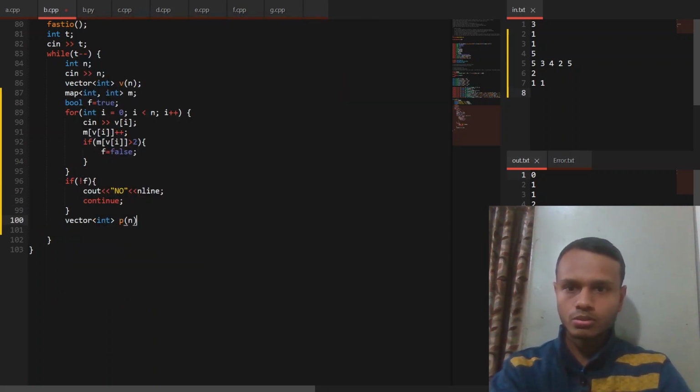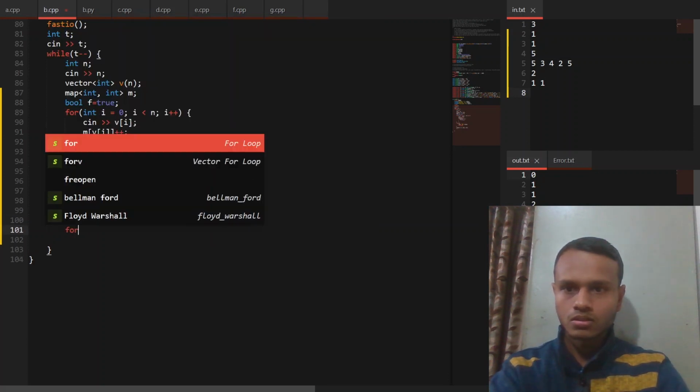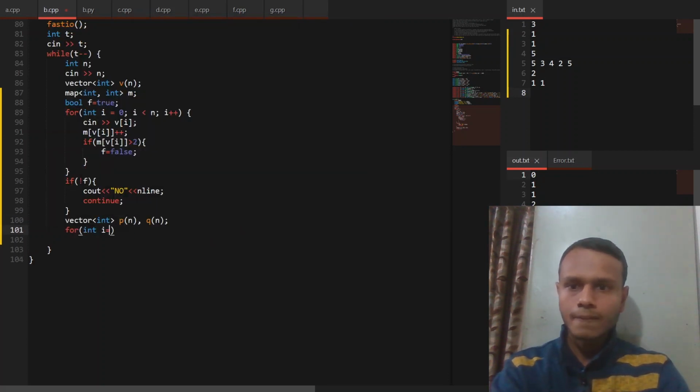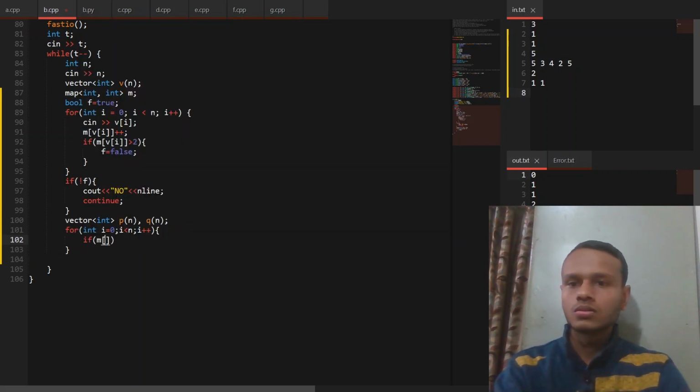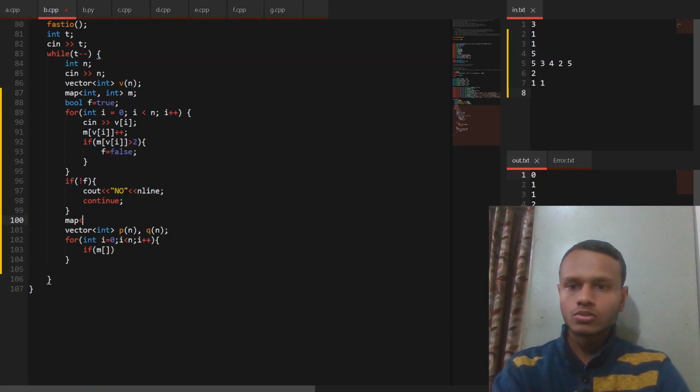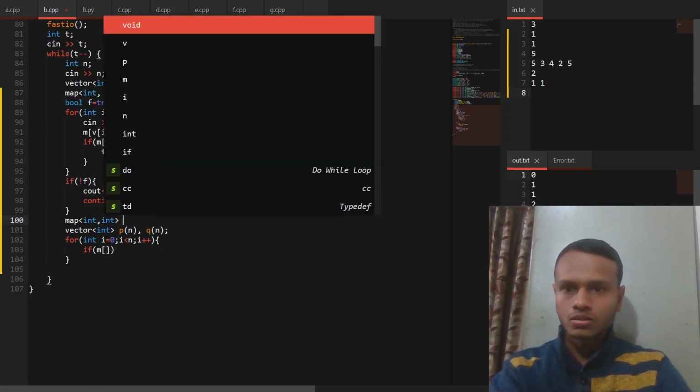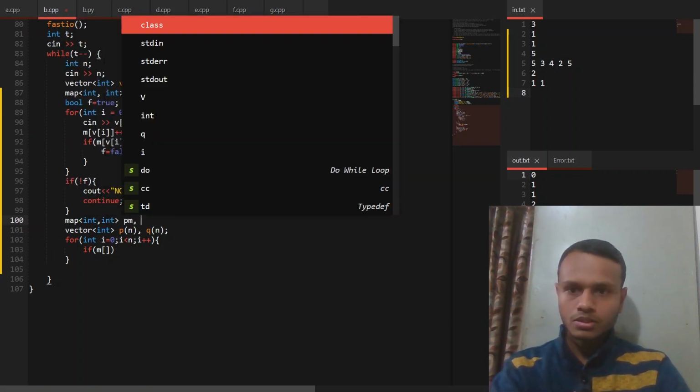Otherwise, create 2 arrays, right? Let's have 2 more maps, let's say pm and qm.